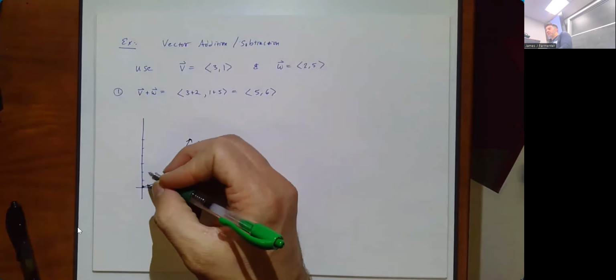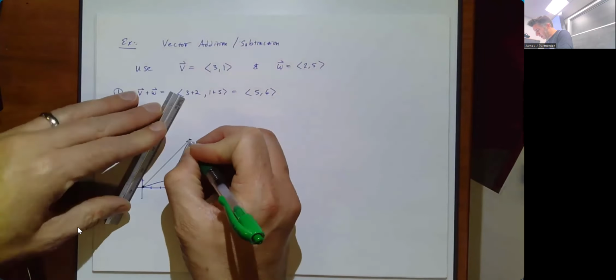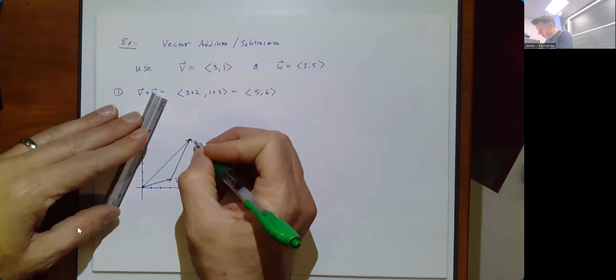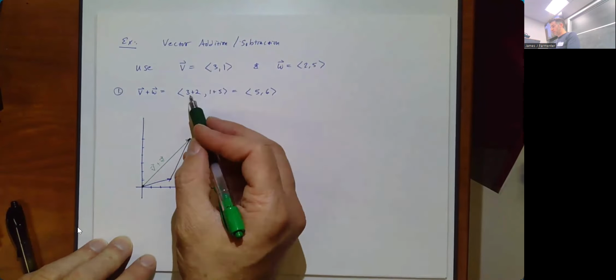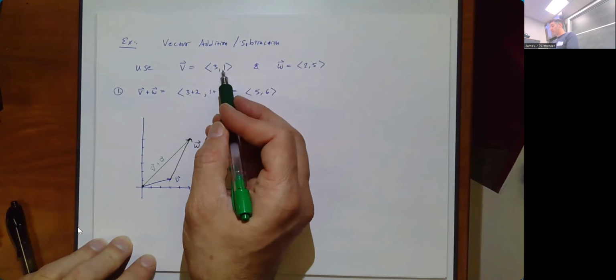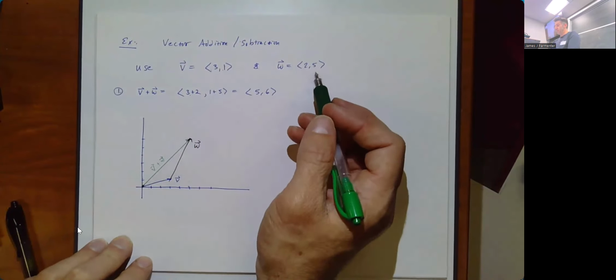Let's get a ruler out so I make sure not to screw it up here. That is the vector v plus w. And it exactly starts at the origin and goes over 1, 2, 3, 4, 5 and up 1, 2, 3, 4, 5, 6. As it should, because right, we went over 3 and then up 1 and then we went over another 2 and up another 5. So in total, we went over 5 and up 6.